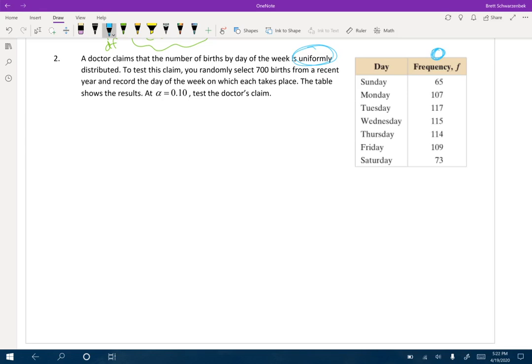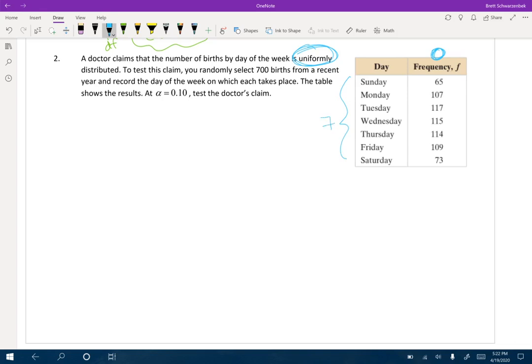So that's where the blue circle here comes in. When I say something is uniformly distributed, that means it's the same for each count. And if it's the same for each count, that means you have to look at how many days there are. Clearly, there are 7 days a week.